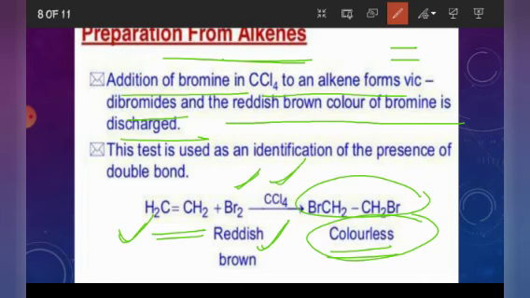If the color is discharged or a colorless solution is obtained, then we can say that it is a double bond or an alkene. And if it does not change into a colorless solution, then it is an alkane. So this test is used for the detection of double bond.